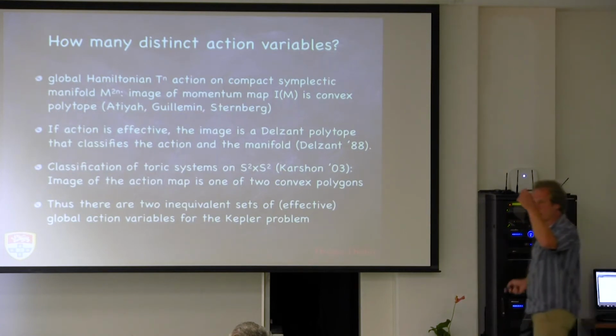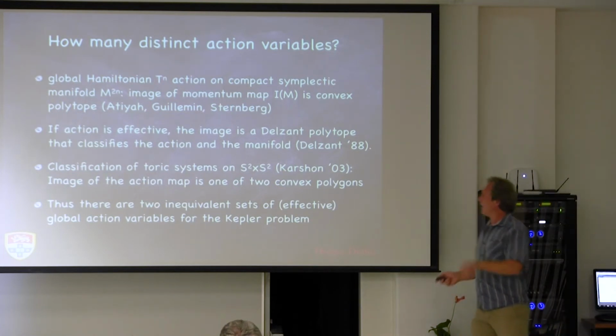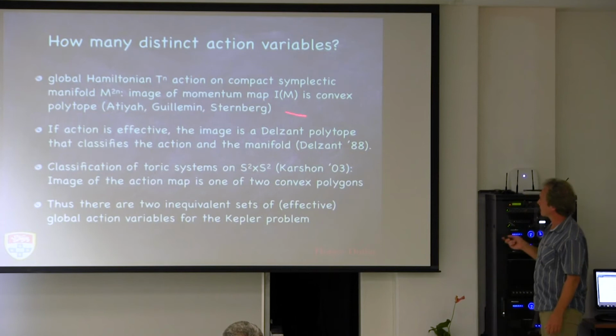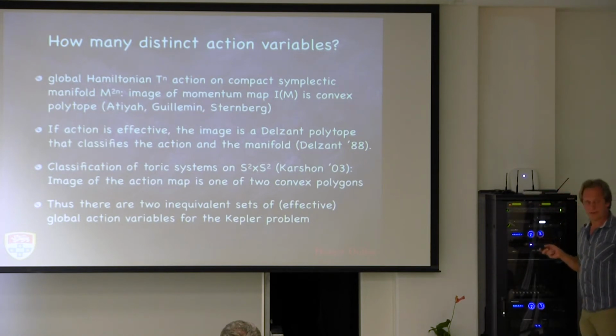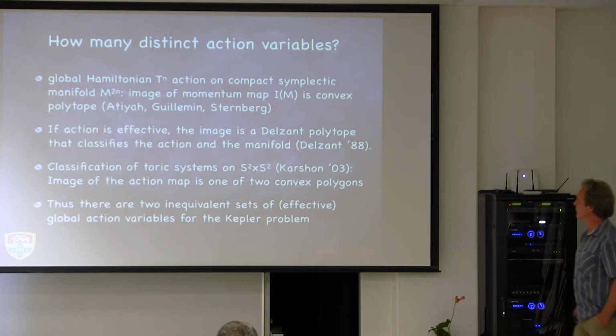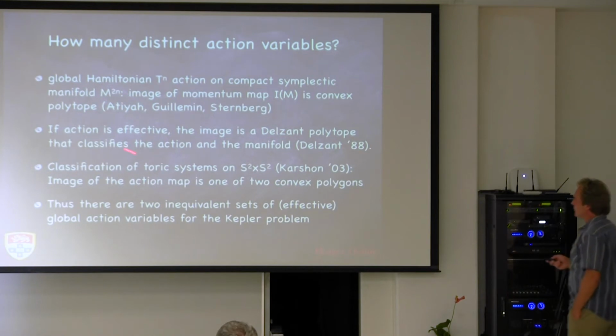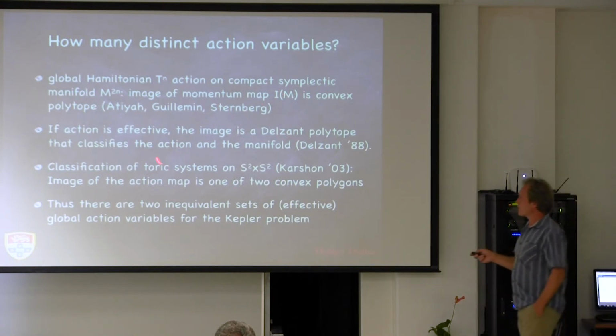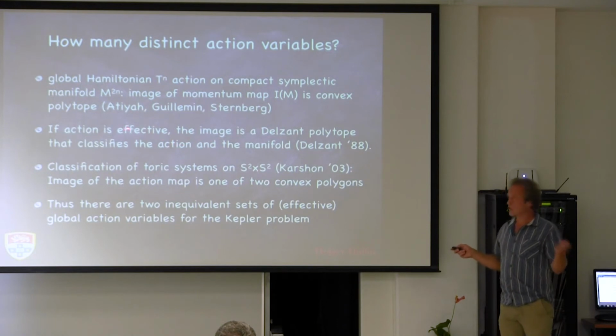So if you go to the parabolic coordinate limit, you have a 2-torus action, and then this theorem holds and tells you that this is a convex polytope. If the action is effective, then you get a bit more. The polygon is then called a Delzant polytope, and this actually classifies the action and the manifold.